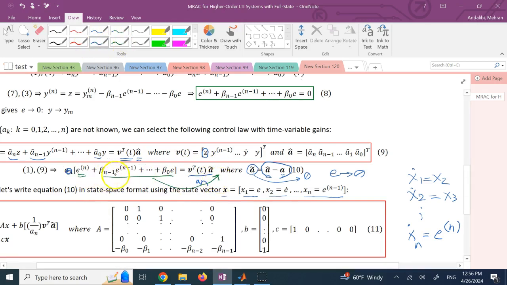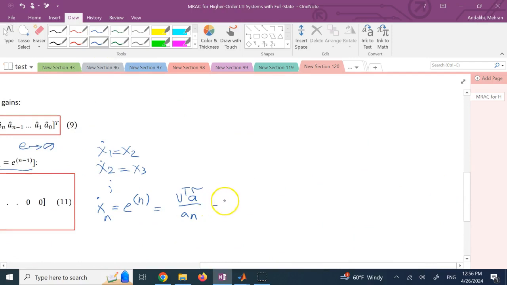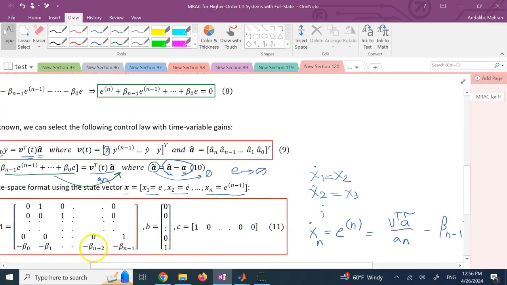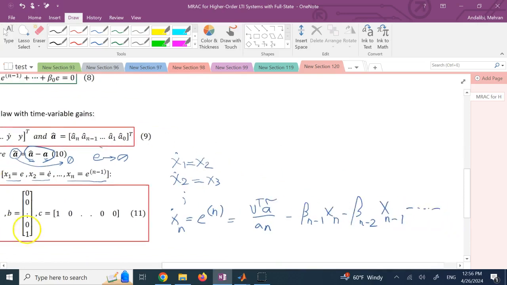So it's going to be negative beta n-1 e^(n-1), which itself is xn. So it's going to be negative beta n-1 xn, negative beta n-2 xn-1, all the way to what? To finally, as you can see, basically negative beta 0 e, and e itself is x1.